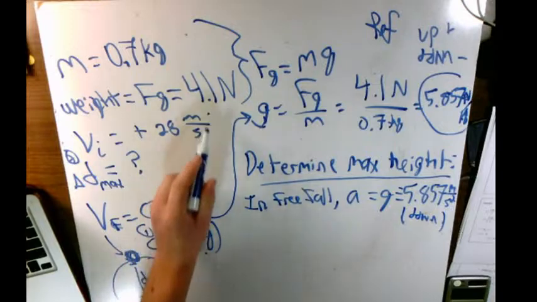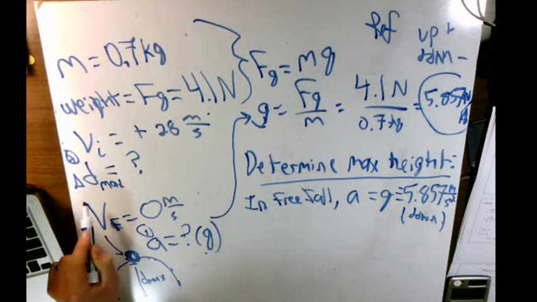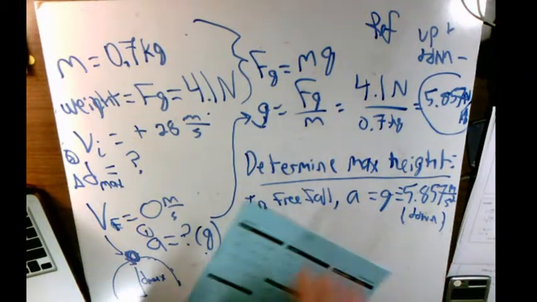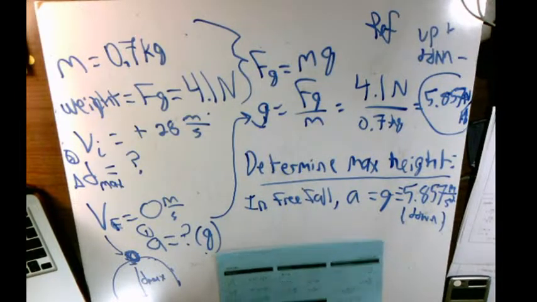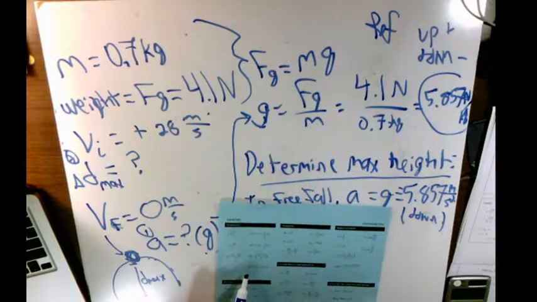So we have our VI, we have our VF, we have our acceleration. We're looking for displacement. We need to take out our formula sheet and find our equation. Actually, yeah, we're finding the equation that doesn't have time in it, which is our last one here.